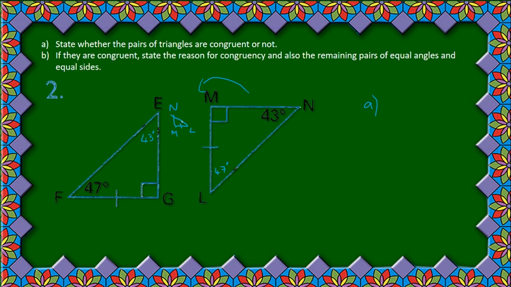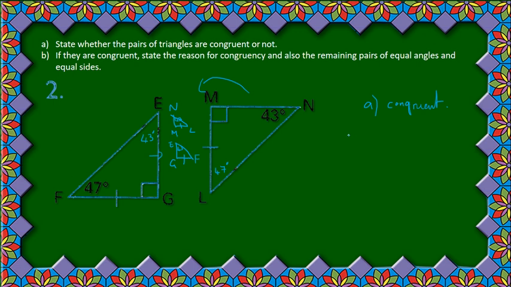So this, if I rotate this, would be the 43 degrees. Now if we flip this one around, it would also look like this, where this would be F, this would be G, and this top part would be E, and then this would be the 43 degrees.